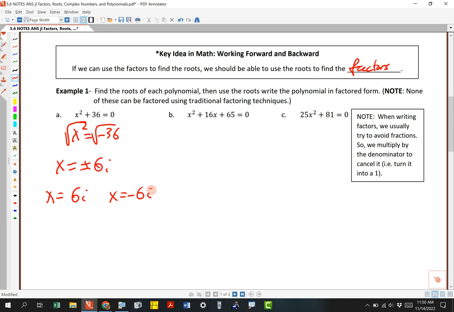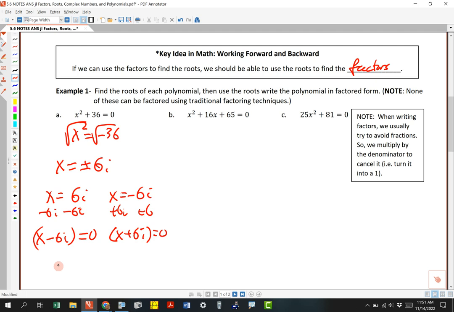What are the factors? Move these back. So I'm going to subtract 6i from each side. I get x minus 6i would equal 0. And I move this one over here, so I'm going to add 6i. So this would be x plus 6i is equal to 0.